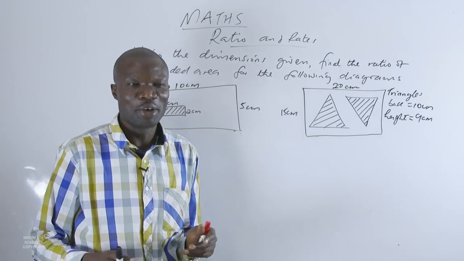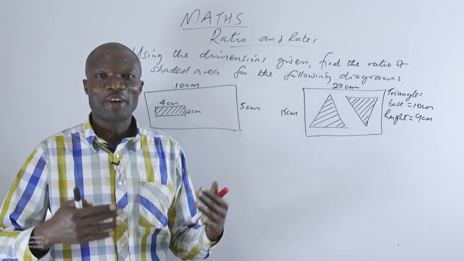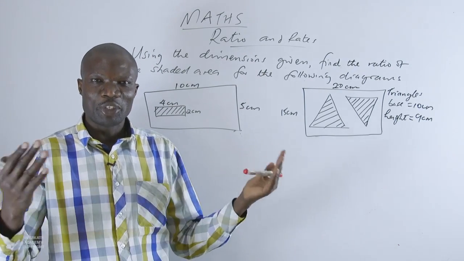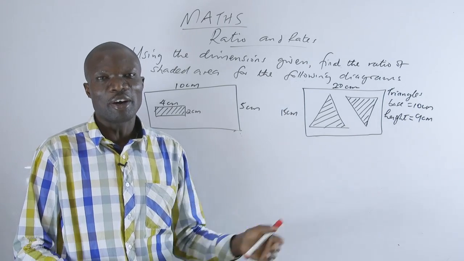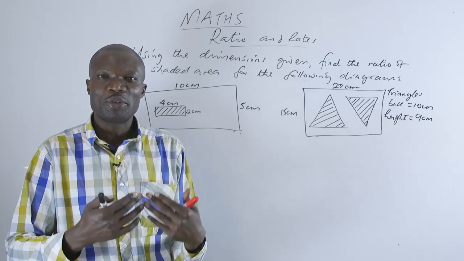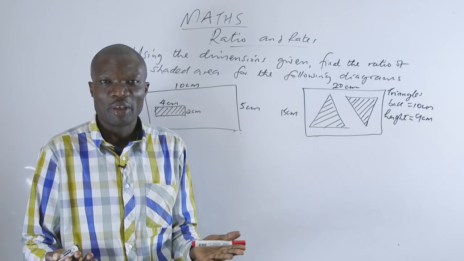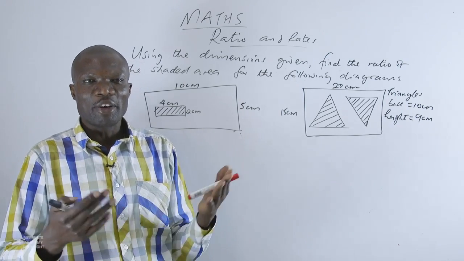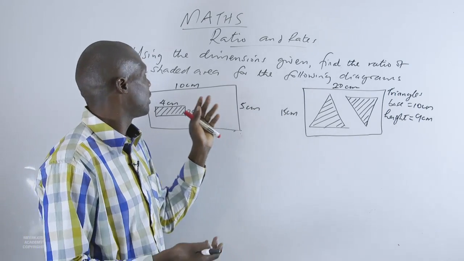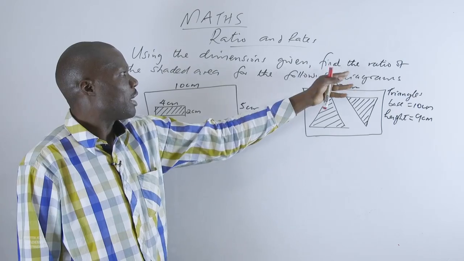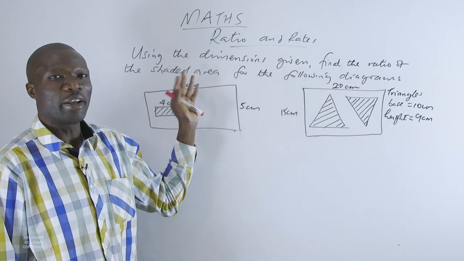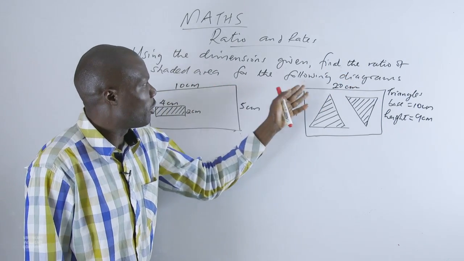Here we are going to use the prior knowledge we know about the shapes, that is rectangles, squares, triangles. Do we know how to find the area? Do we know how to find the area of a triangle? So look at this. Using the dimensions given, find the ratio of the shaded area for the following diagrams.